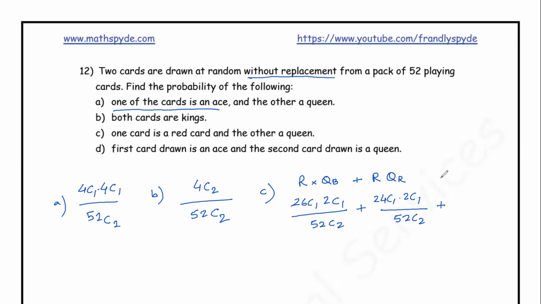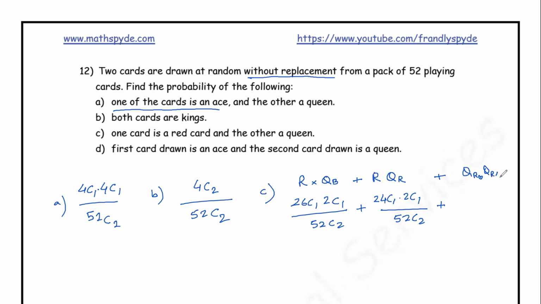And out here, there's another possibility. We got all the red cards, including the queens, going with the black queen. All the red cards, excluding the red queens, going with the red queens. And then you realize that there's a possibility of two red queens. That would be the heart and the diamond.